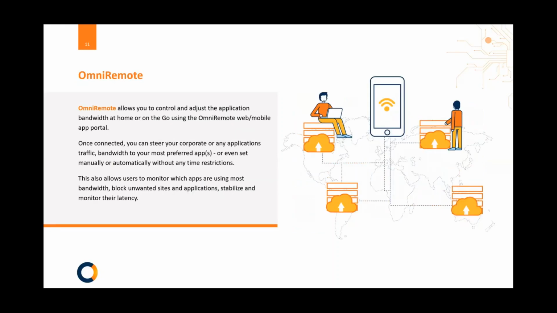When you talk about remote only, because of the pandemic and the COVID situation, we can offer solutions where your employees or users are moving from the offices to their remote locations.